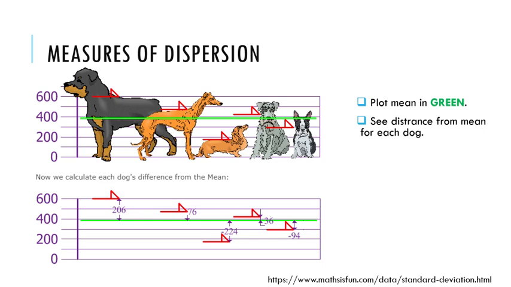Do you see in the bottom picture, I've got my green line for mean, and then I'm measuring deviation from the mean. For example, that first dog is 206 millimeters over the mean, but the last dog is 94 millimeters below the mean. So some are positive, some are negative when we calculate deviations from the mean.